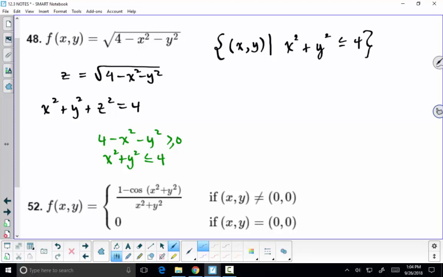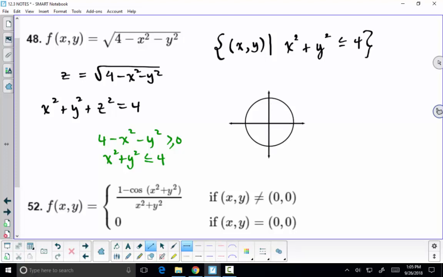And when we talk about continuity at a boundary point, if we were to draw a picture of this domain, it's a disk of radius 2 centered at the origin. When we're investigating continuity in the one variable case, you could talk about left and right continuity. But here, we're imagining our surface is defined on this disk.